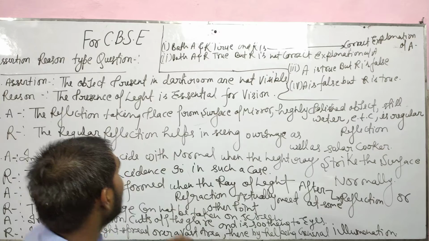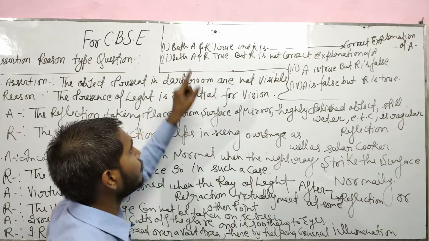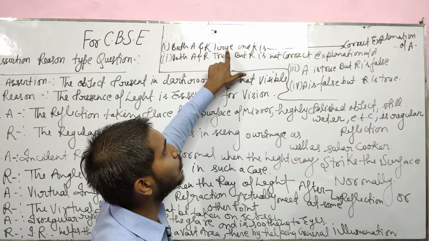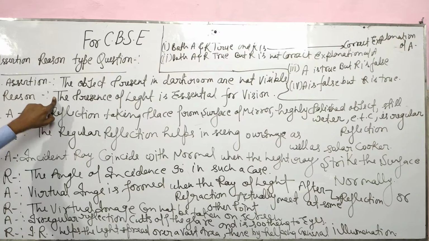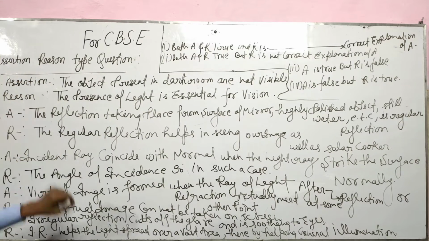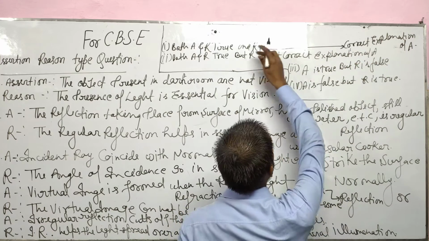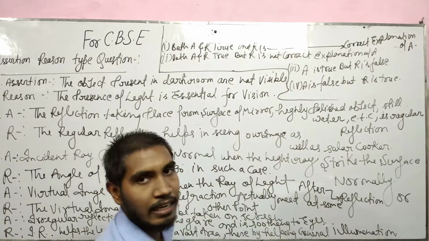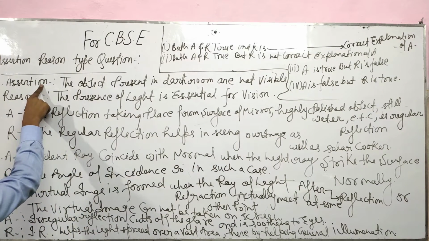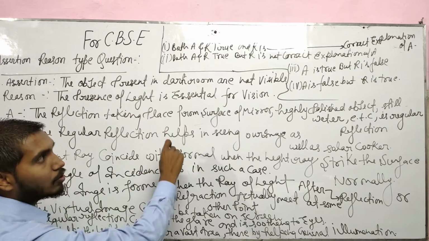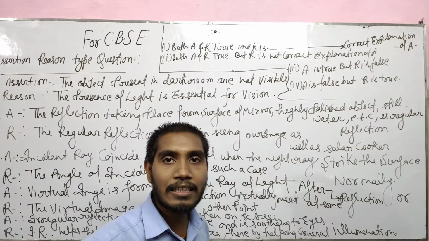So for this question, both statements are correct. A is true and R is true, and R is the correct explanation of A. We cannot see the object in a dark room because light is an essential thing for vision.